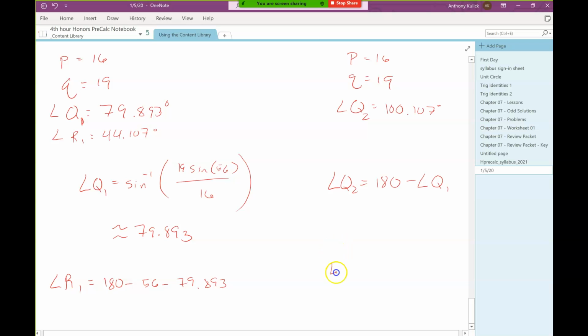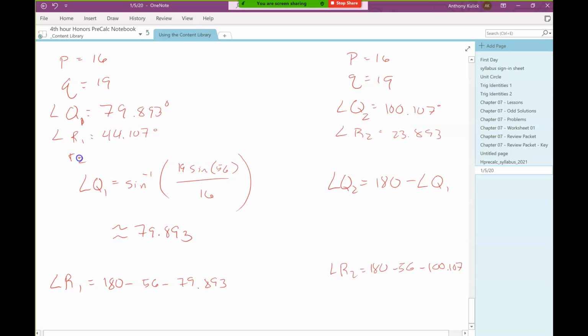And similarly, angle R2 is going to be 180 minus 56 minus 100.107. And that's 23.893. So far, so good.